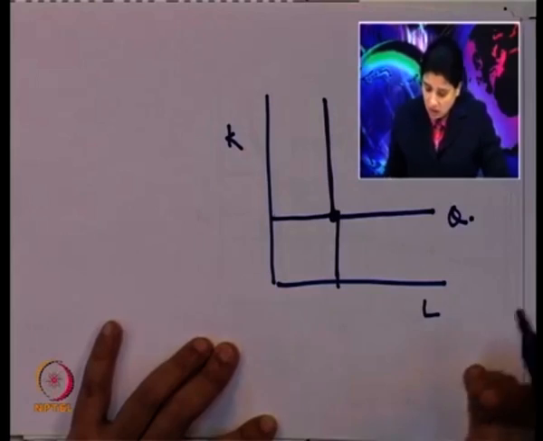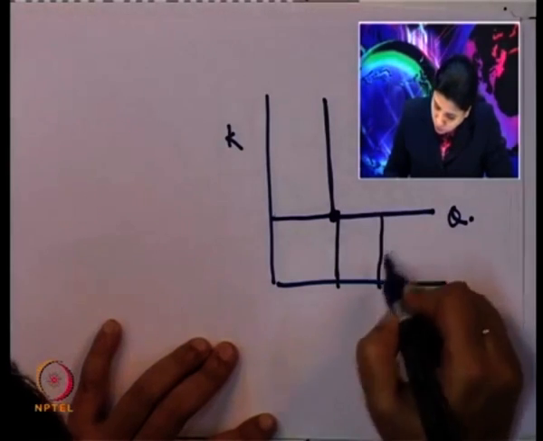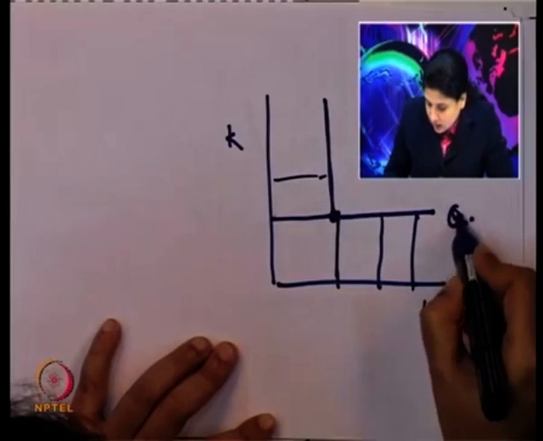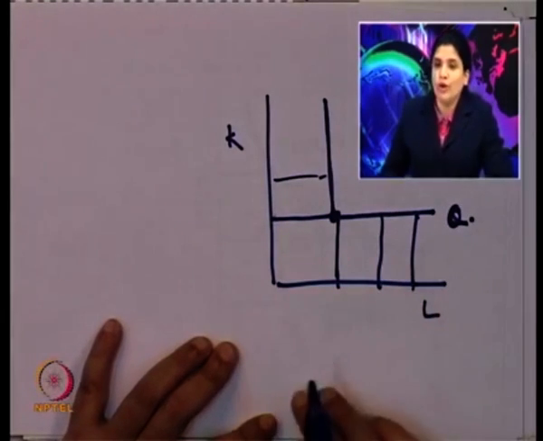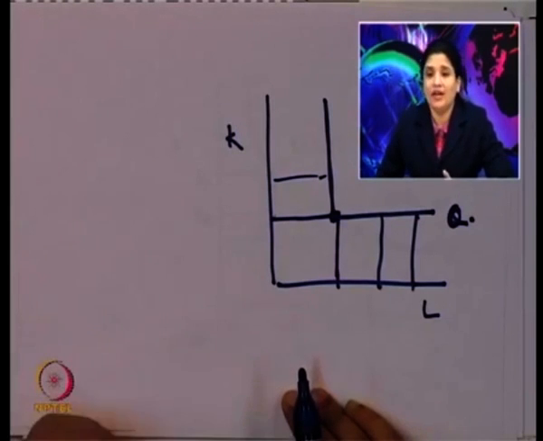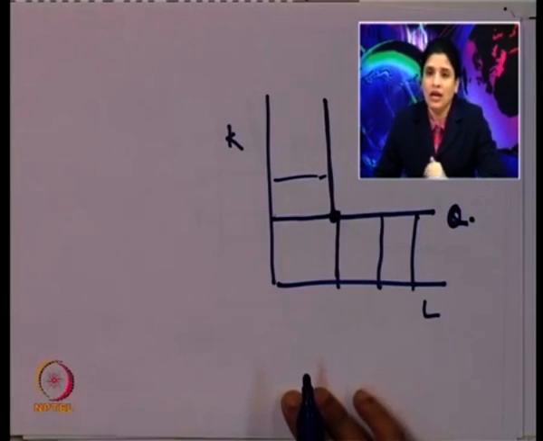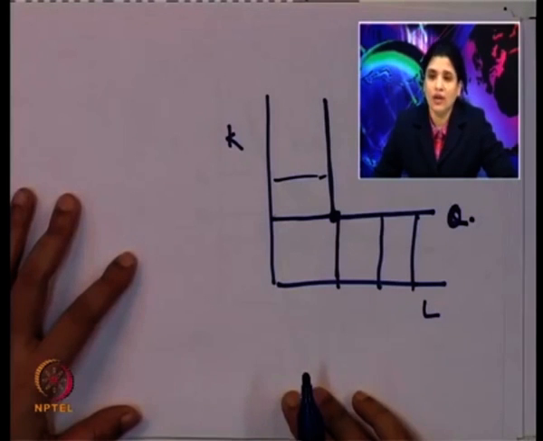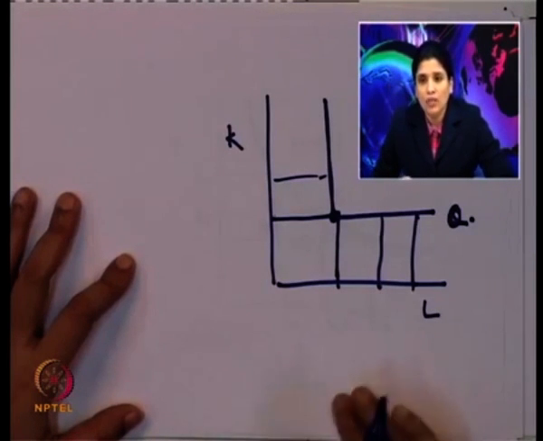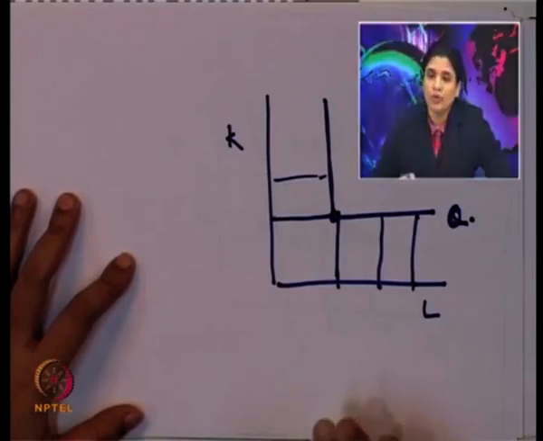Apart from it, whether you use more of labor or more of capital, you cannot produce a greater amount of output, because they are perfectly complementary to each other. Like if you take the example of a monitor and a keyboard, you cannot use only a monitor because the output is nil.